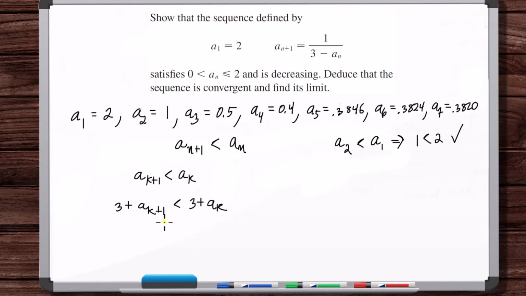Now we want to subtract both sides by a sub k plus 1 and by a sub k. Now we want to divide both sides by 3 minus a sub k.